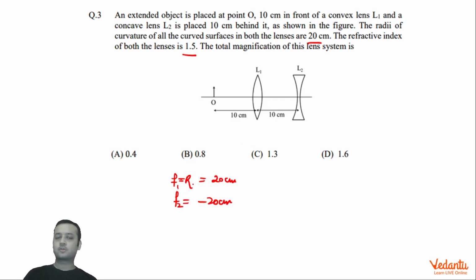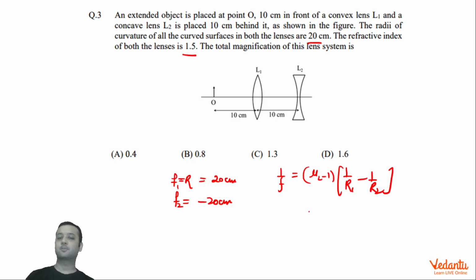For those of you who do not know this data, it's always advisable to remember it. Here at Vedantu, we always ask students to remember this data because it is frequently occurring. We can also derive this using the lens maker's formula: 1 by f equals mu of lens minus 1, into 1 by R1 minus 1 by R2.